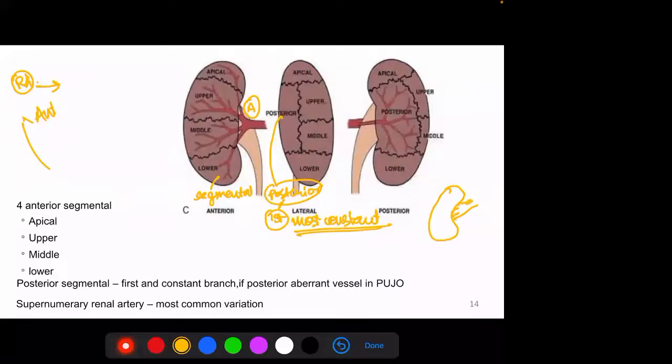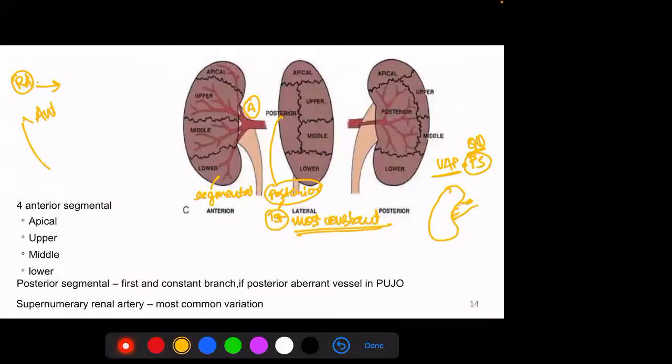When we go from anterior to posterior, the arrangement of the vessels and the pelvis is vein, artery, pelvis. Okay, VAP, and then last is the posterior segmental artery. This is an important point to remember: the arrangement of the vessels and the pelvis in the renal hilum.